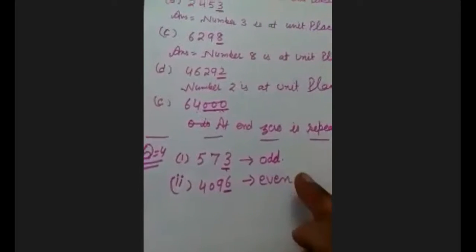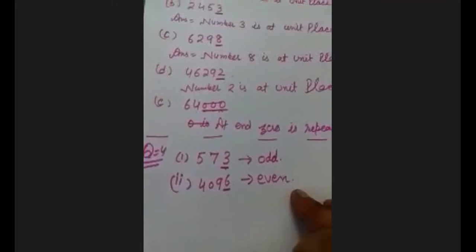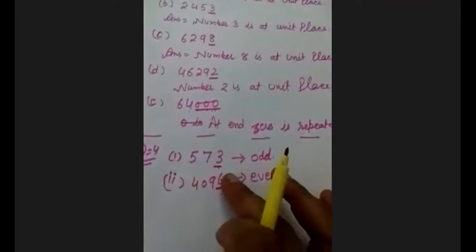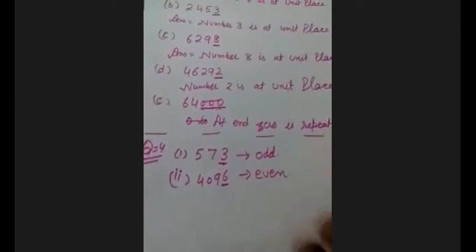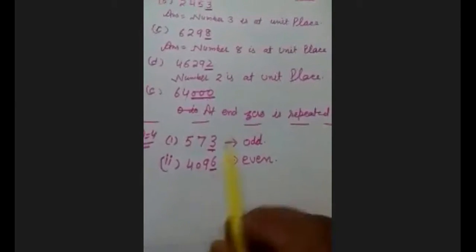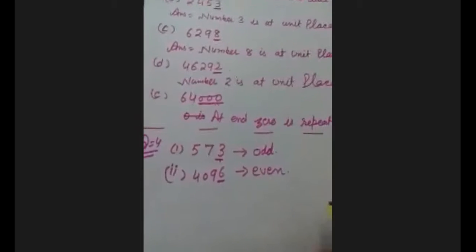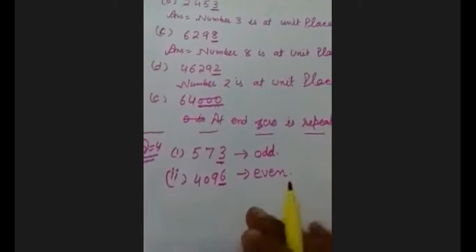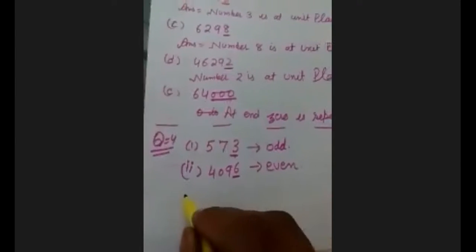Here we are using the third property of perfect squares. If the given number is odd, then it's the square of an odd number, and if your number is even, then it is the square of an even number. Clear students? Next is the third part.